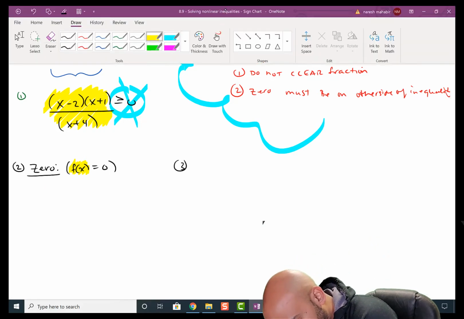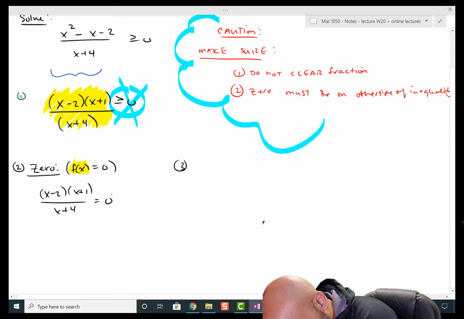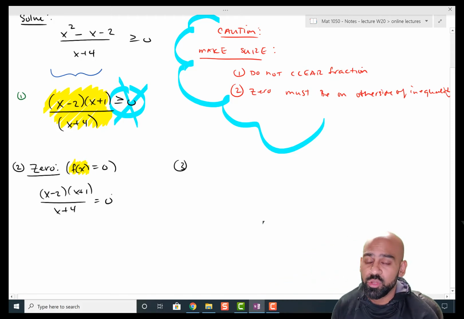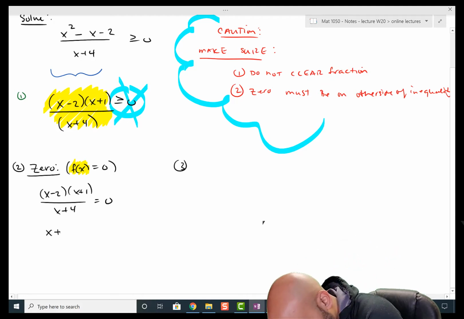All right, so here we go. I'm going to set my function equal to 0. I need to change my pens out real quick. So setting my function equal to 0, (x minus 2)(x plus 1) over x plus 4 equals 0. Welcome back to chapter 6. And you guys know how to solve this, so clear your fractions, which when you multiply both sides by x plus 4, it will vaporize. If you don't believe me, here's the work for you. I'm going to multiply both sides by x plus 4.